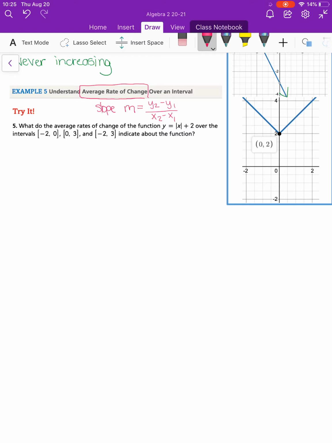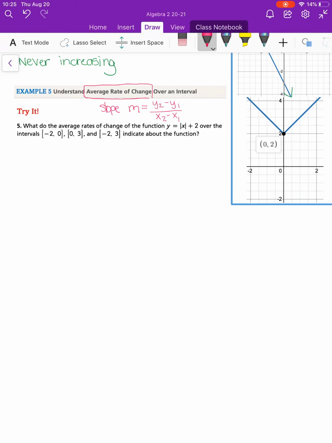We're using that. So that means for slope, we have to have 2 points, right? 2 points. Okay, so here's how they made this an Algebra 2 question instead of an Algebra 1 question. They're quizzing you on your vocabulary.